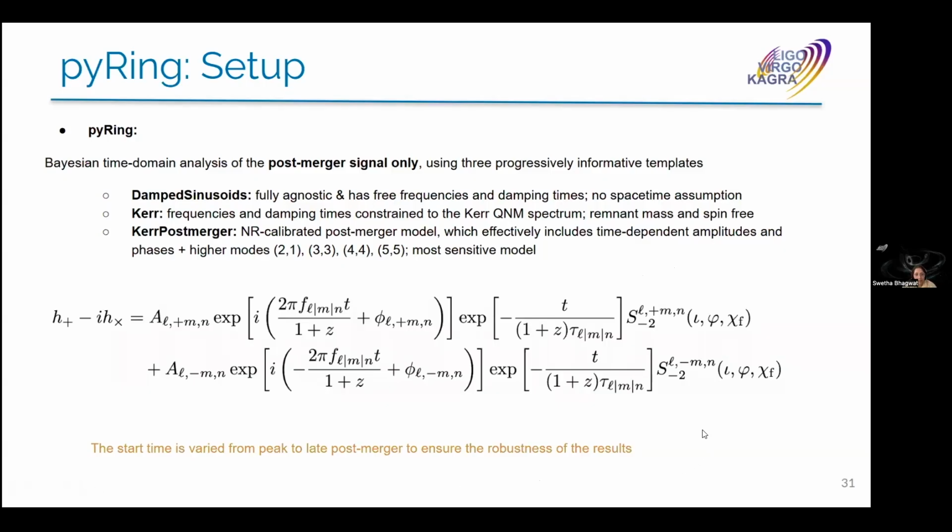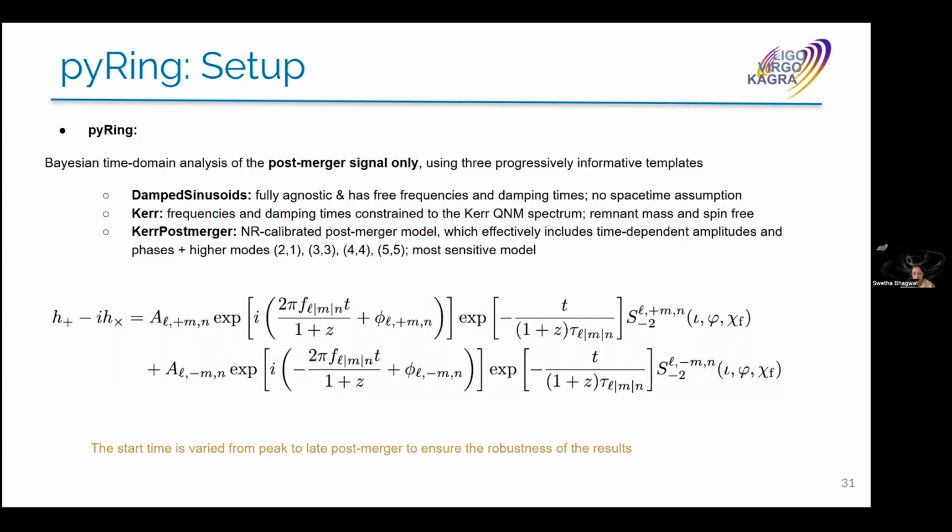A crucial methodological point that is relevant for all of the ring-down analyses is the start time of the ring-down. We vary the analysis start time from near the signal peak through the late post-merger. We do this because the stationary quasi-normal description is only valid once the space-time settles down sufficiently.